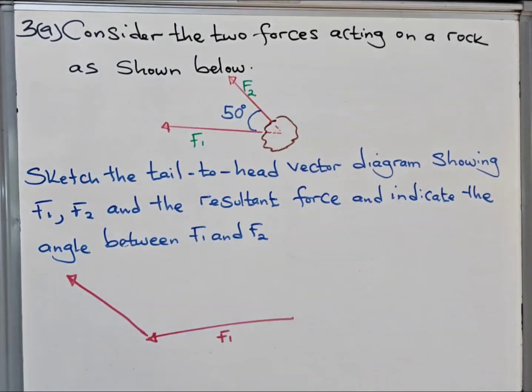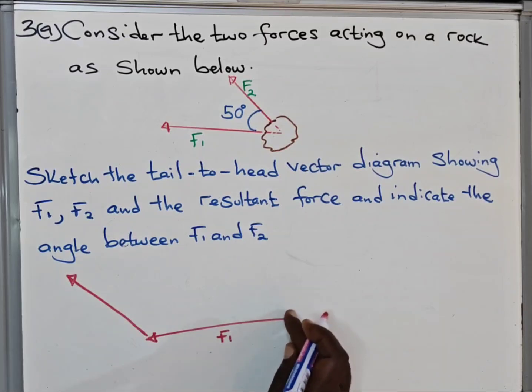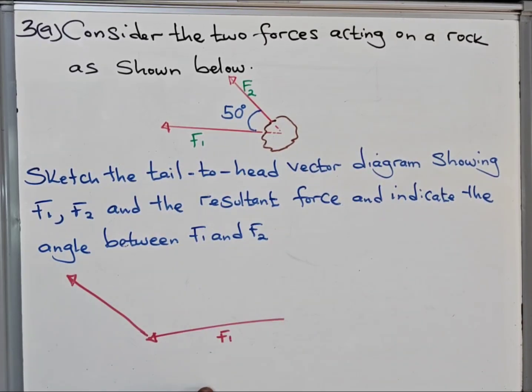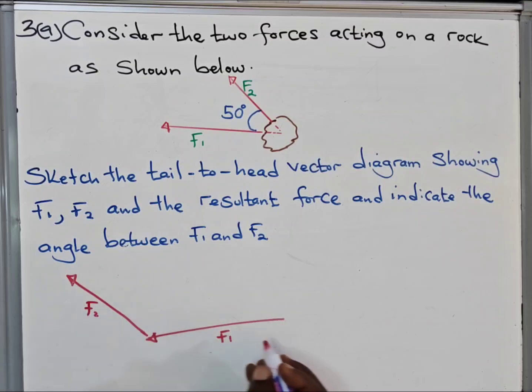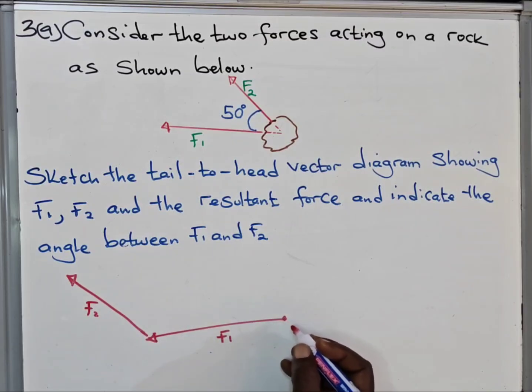So this is what we call tail to head. And the distance from here, from the head of our F2 to the tail of our F1 is what we call the resultant, or the resultant force.